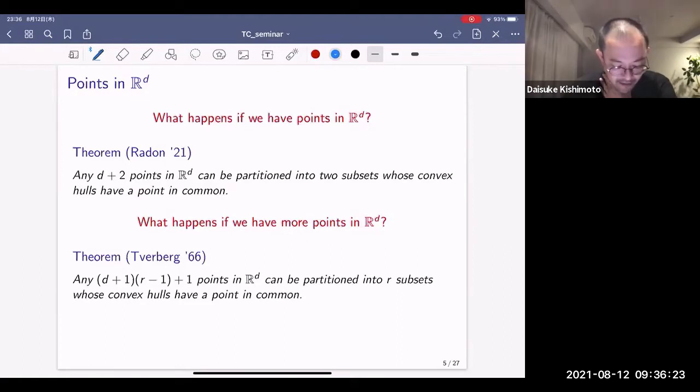And actually, the number (d plus 1) times (r minus 1) plus 1 is best possible. Okay, so this is purely a combinatorial theorem, but I want to connect this theorem to topology. So I have to translate this theorem into some topological setting.